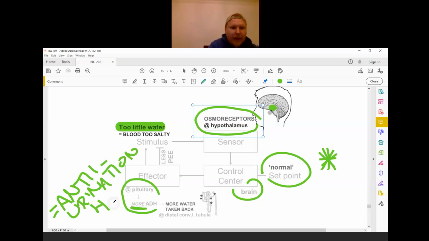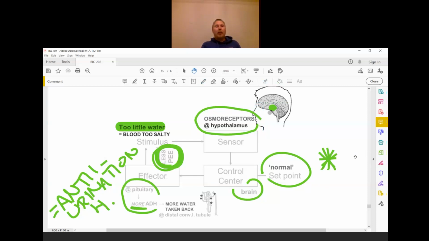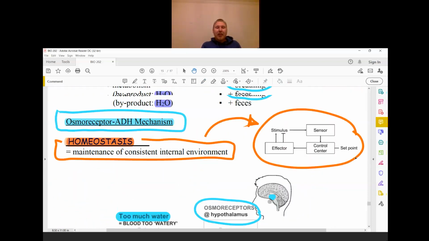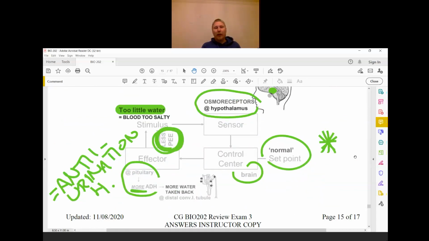So as a result of that, more water is taken back at the distal convoluted tubule, and we end up producing less pee, less urine is being made. So that's the concept of how the osmoreceptor ADH mechanism is able to conserve water when there's too little water present.